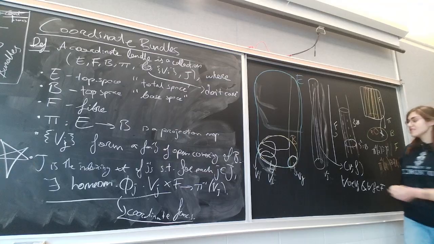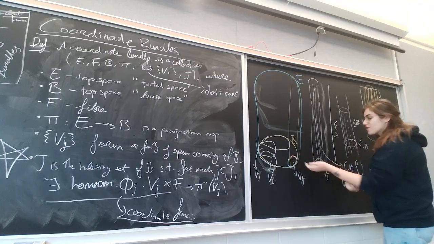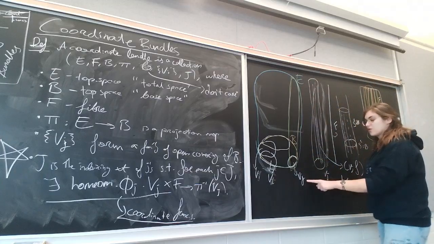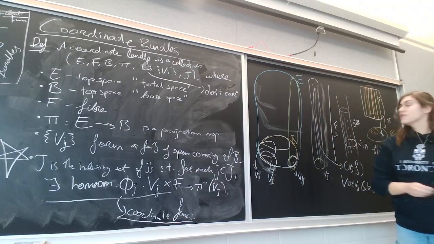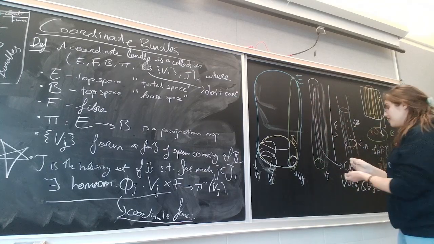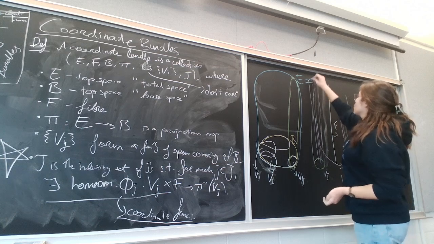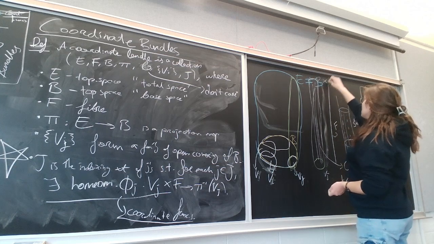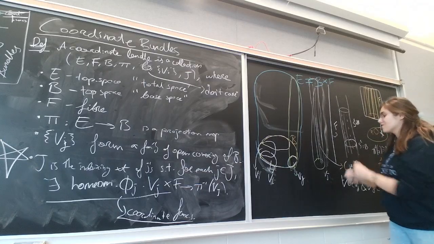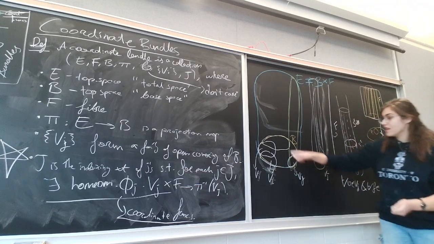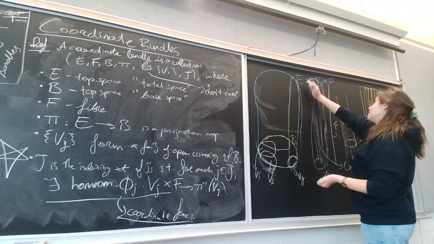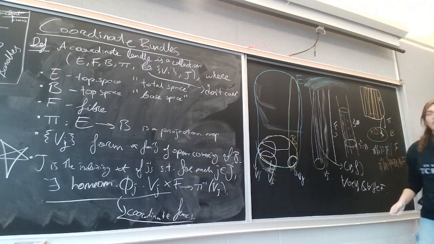Now the claim is this is homeomorphic to this, the thing that everything that gets projected to V_j in the total space. This does not mean that the total space is base times F. It's just locally that it seems like this, because we know it seems like that on every chart that we chose. So this might or might not be the case, it's not necessarily the case. That's the interesting part of it.